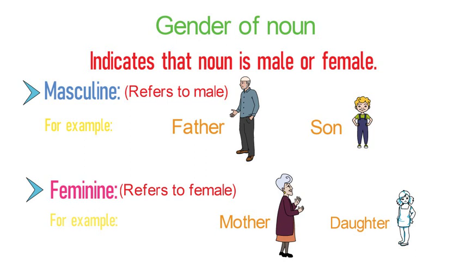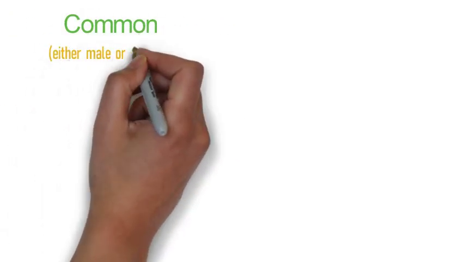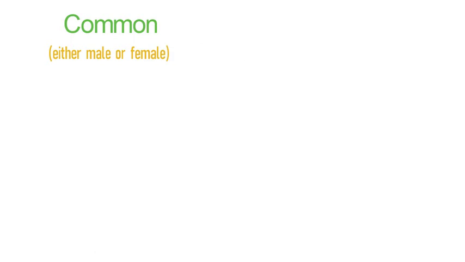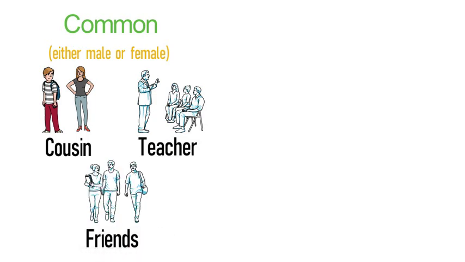Other than a male or female gender, some other things are also called he, she in a noun. Let's understand it carefully. Common, which refers to either male or female. For example, cousin, teacher, friend.